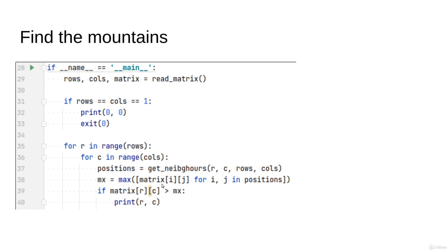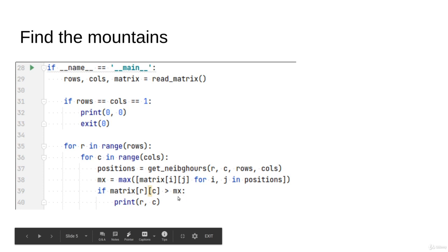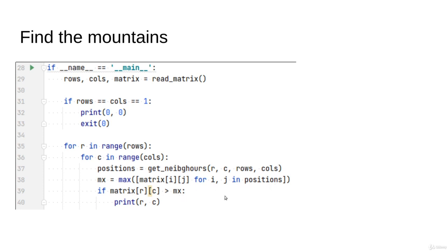After that, I'm creating a list of all of their values. So the positions will be the positions, and this will be their values. And I'm taking the maximum among all of them. Finally, if the current cell value is greater than the maximum of all of my neighbors, then we are a mountain.